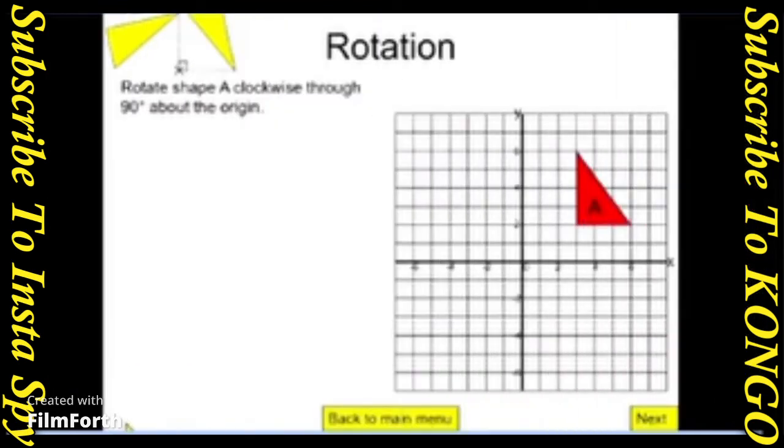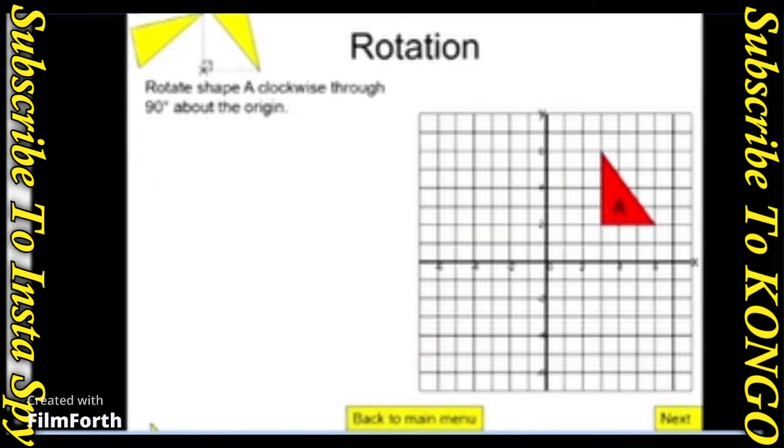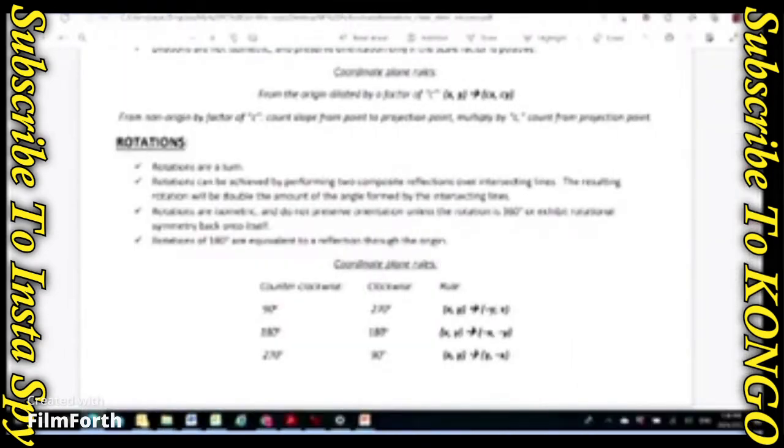So we're going to go back to the cheat sheet and look at the formula. That's the cheat sheet. Clockwise rotation of 90 degrees, or 270 degrees, like that. So please look at that quickly. Then we're going to go back to the question.